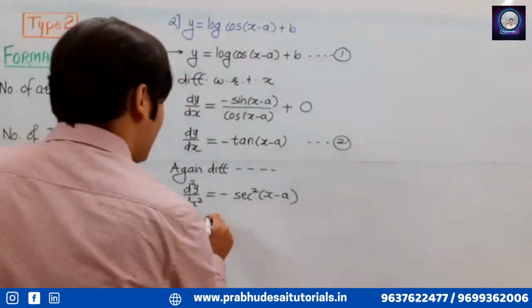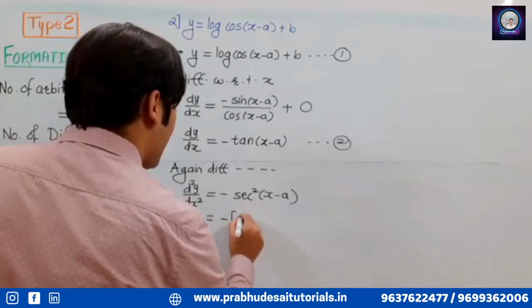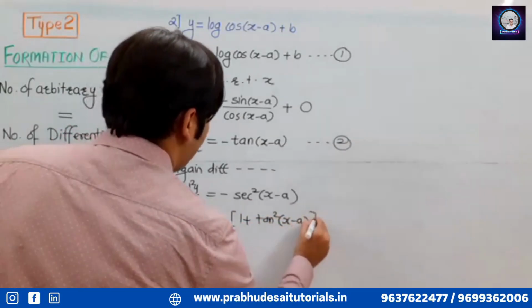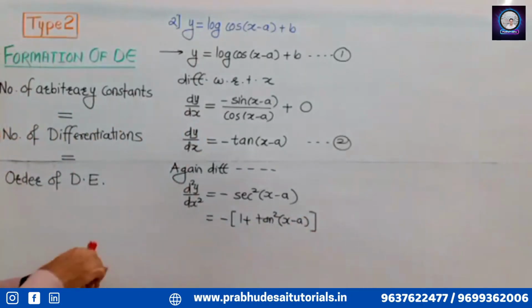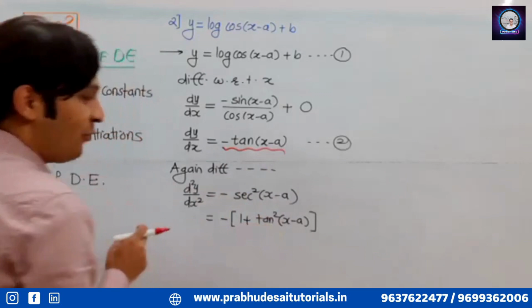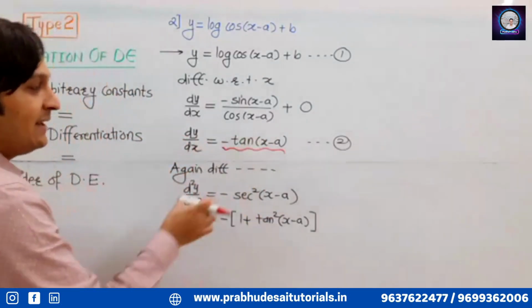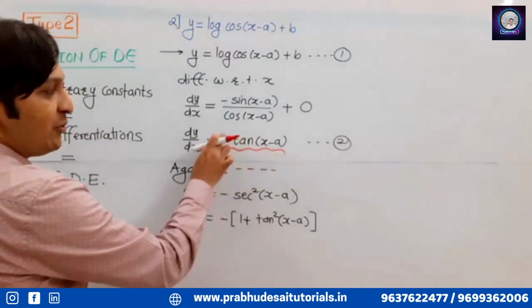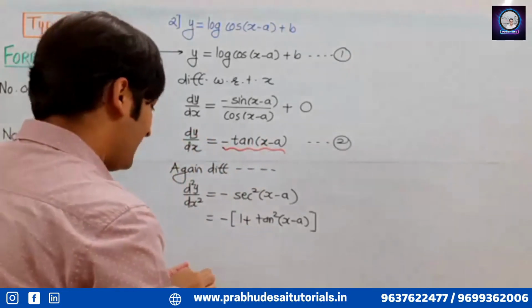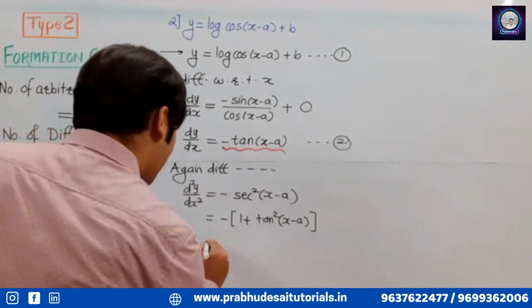Can I write minus sec squared as 1 plus tan squared of x minus a? And can I use this tan here? How? Squaring both sides. If I take square of this, minus square is plus. This will be tan square. So instead of this, can I write like this?